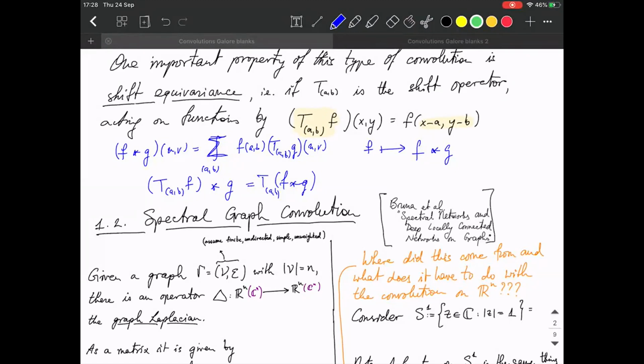But what I was more interested in is that when I first saw this method, the definition seemed pretty removed from the definition of convolution that we just discussed, which was more familiar to me. And so I wanted to understand what the connection between the two is, and how far this analogy takes us. So let me define the spectral graph convolution for you, and then I'll discuss the connections with what motivates this idea.